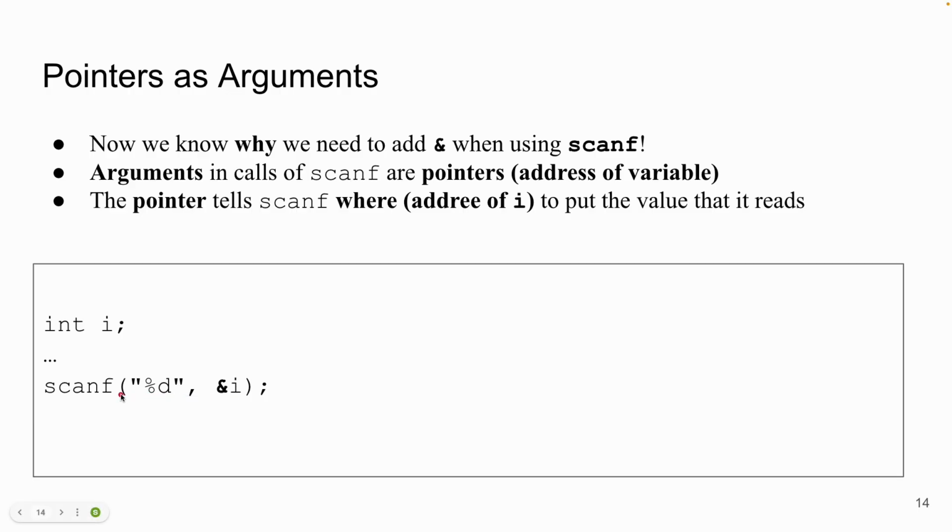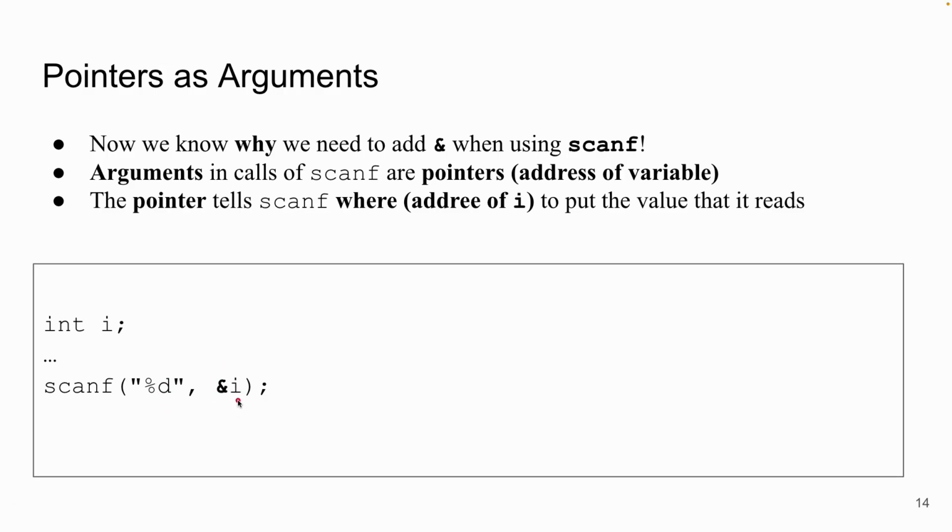Now we know why: it means that what we pass to scanf is the address of the variables, not the value of the variable itself. Because inside the function scanf, it needs to change the value of the variables we put here, right? Scanf needs to store the input value into the variable we put here.